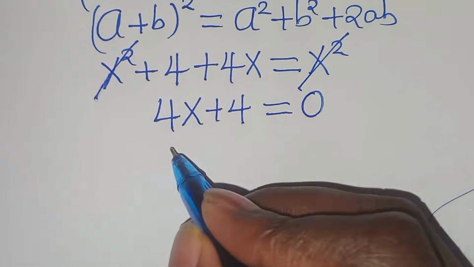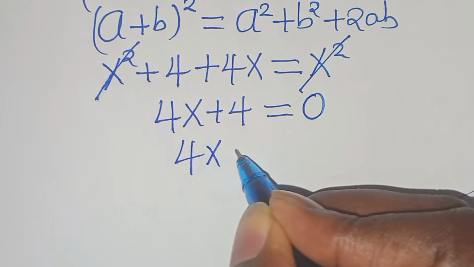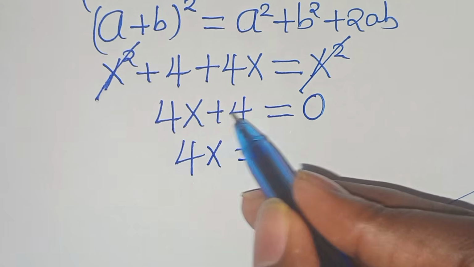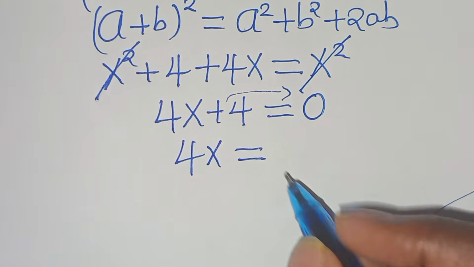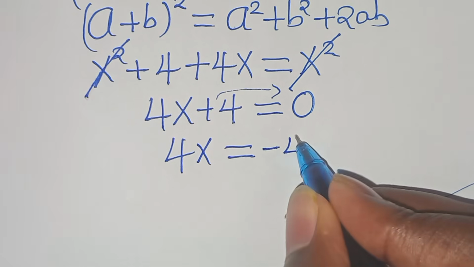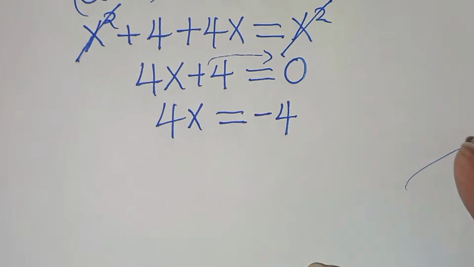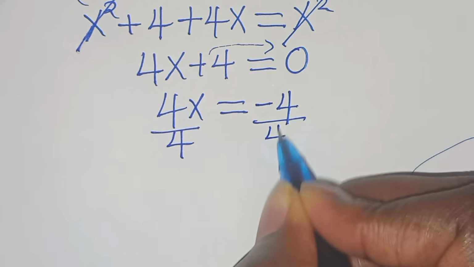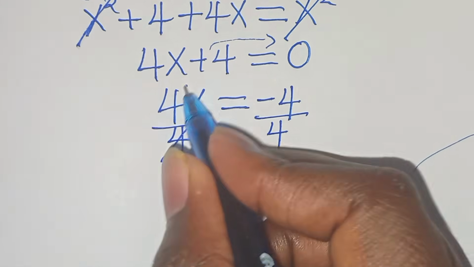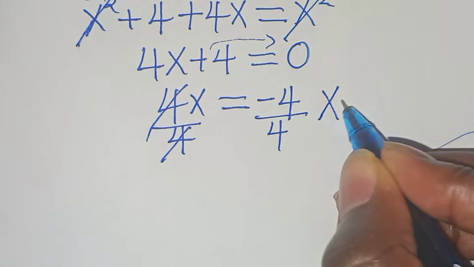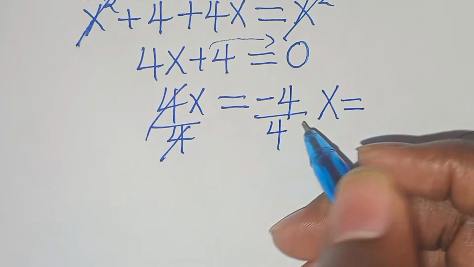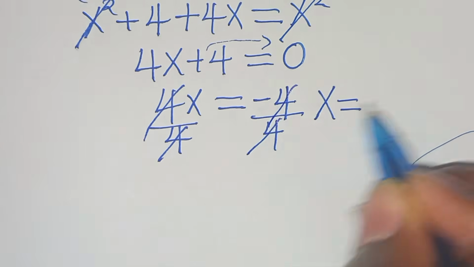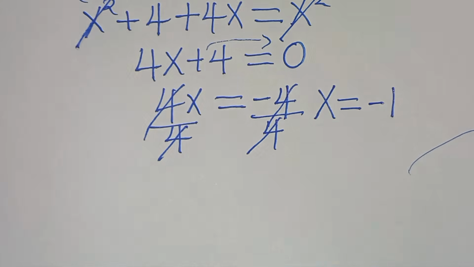Now we have 4x equal to, let's take plus 4 on the right hand side, minus 4. Now let's divide both sides by 4, so that x is equal to minus 1.